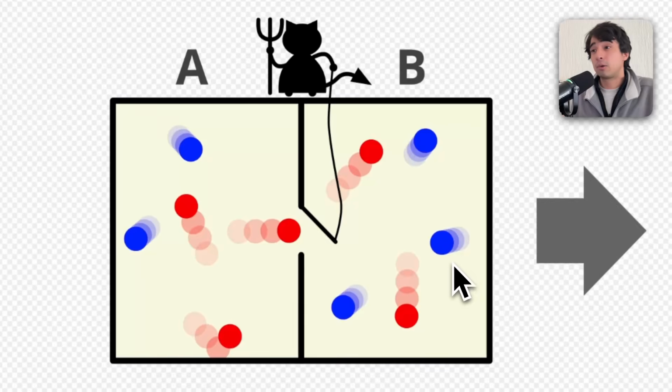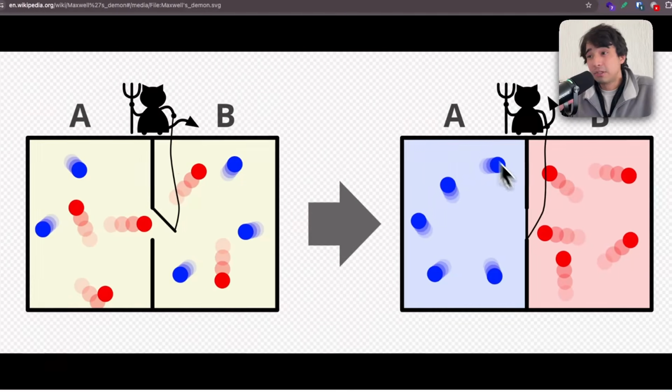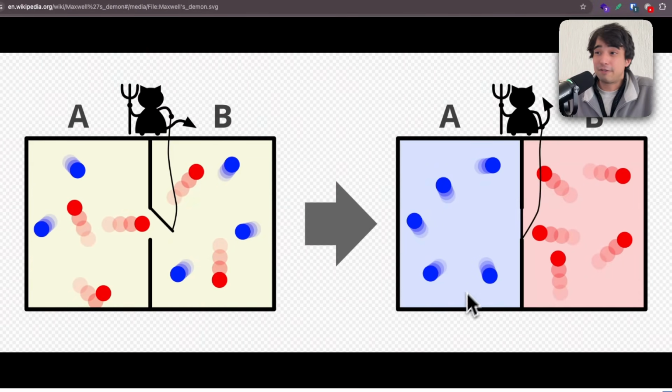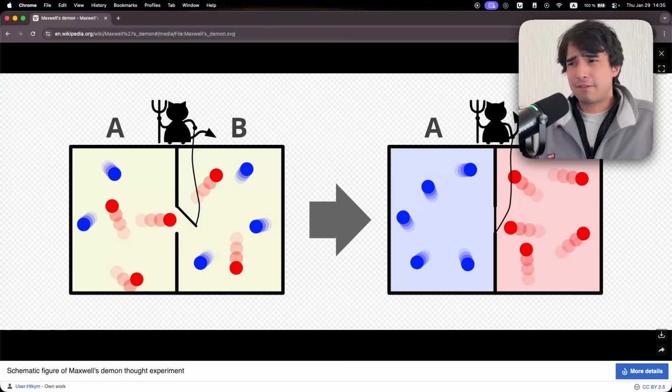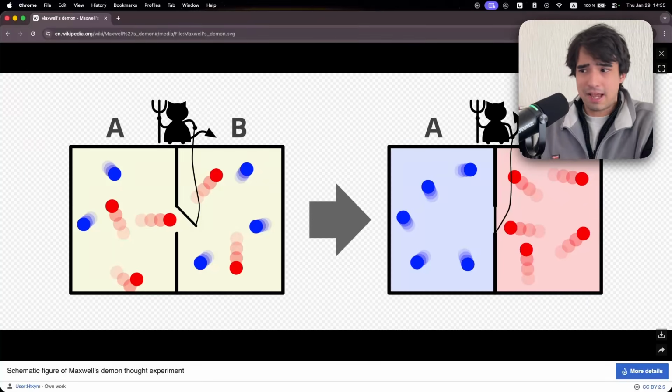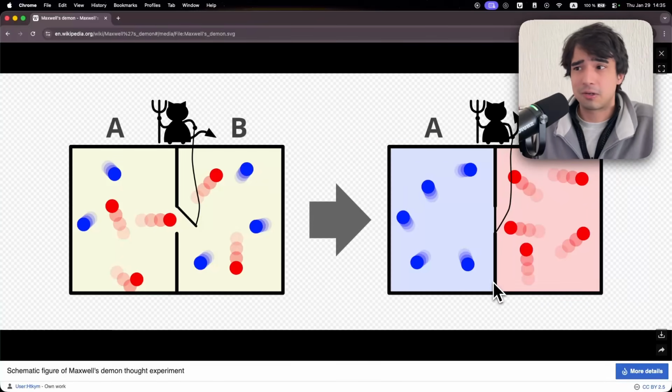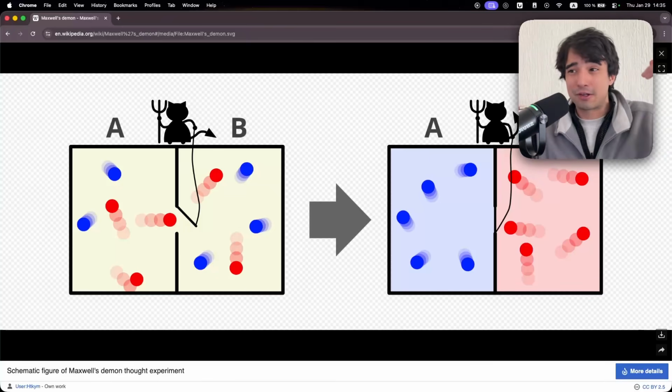And it will also open the door for slow particles that are moving from the right to the left, which means that eventually you will have only slow particles on the left and only fast particles on the right, which means that the heat will concentrate here and this side is going to be much cooler. And that, of course, will decrease the entropy without having spent any energy, because all that's happening right here is opening and closing a door, and the entropy is decreasing by a lot. So what is going on right here? And that is the thought experiment.